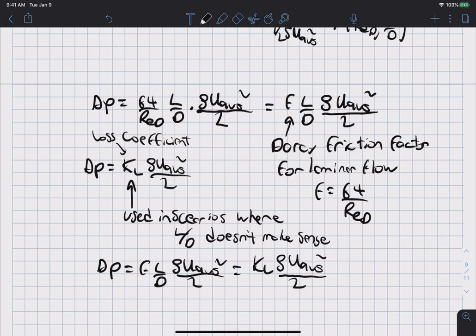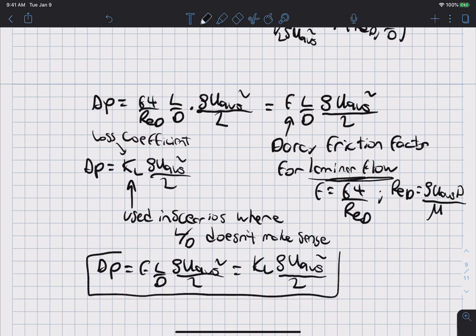And Re_D, I'm going to just remind you of what Re_D is for laminar flow. Again, I can't stress enough that this formula is for laminar flow only, and Re_D is the Reynolds number, that's rho U averaged times the diameter of the pipe over mu. And so that is how we analyze, and these forms actually motivate the pressure drop.